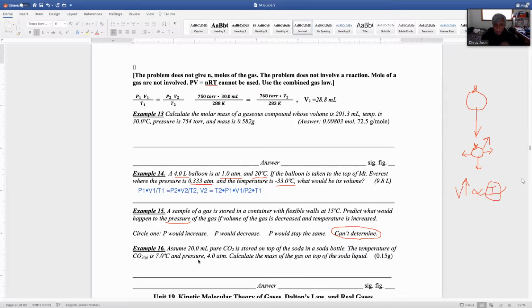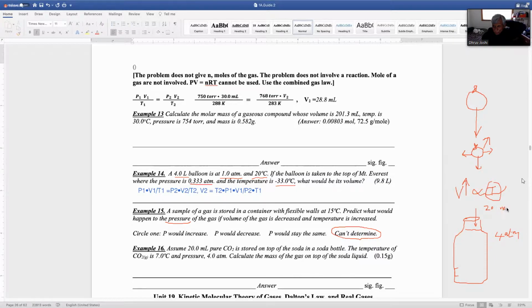Example 16. Assume 20 milliliter of pure CO2 is stored on top of the soda in a soda bottle. A soda bottle has dissolved carbon dioxide in the liquid, kept at a pressure of 4 atmosphere. And on top of it, there is about 20 milliliter of space.